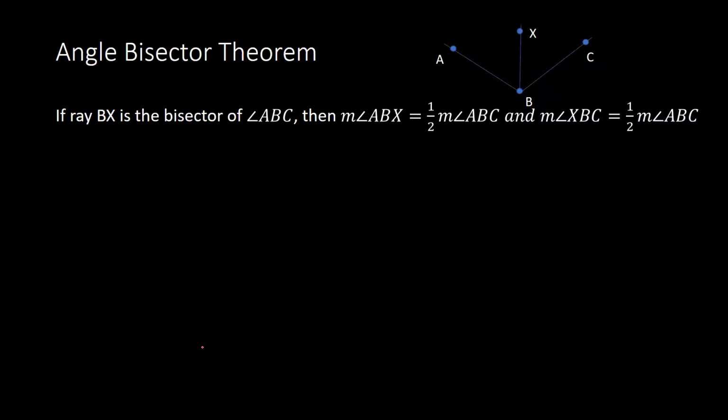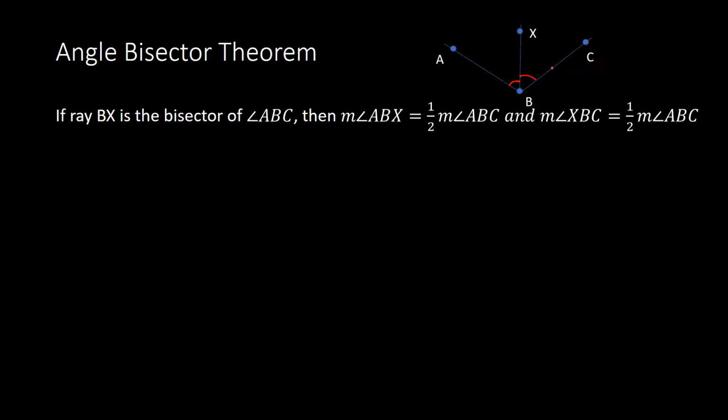So the process for proving this one is going to be the same kind of process that we just used for the segments. The bisector theorem says that if ray BX bisects the bigger angle ABC, then the measure of angle ABX, right here, would be 1/2 of the big angle, and XBC would be 1/2 of the big angle as well.